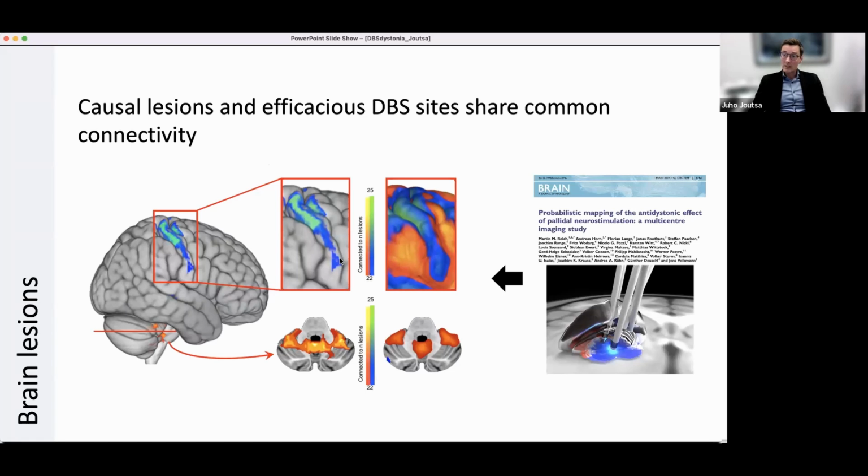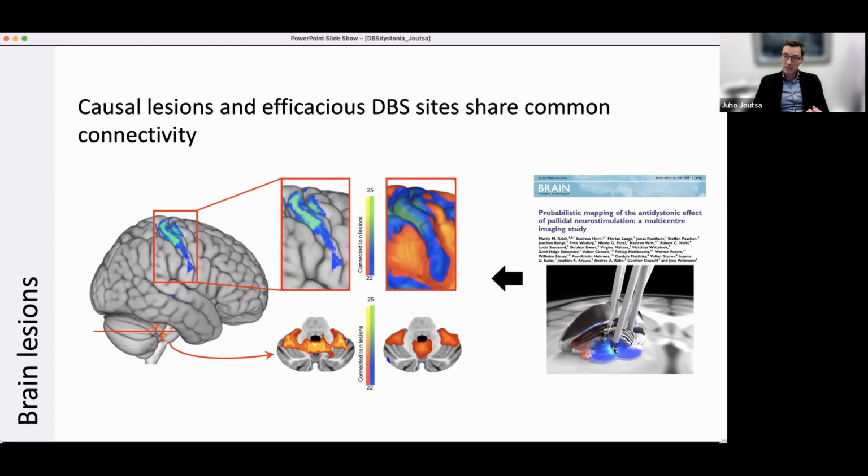And finally, to look at whether these networks might have relevance for treatment, the lesion network hubs were compared to efficacious deep brain stimulation in cervical dystonia. This work leveraged a fantastic study by Martin Reich and Jens Volkmann, where they defined the optimal locations of DBS electrodes that were associated with the best therapeutic outcomes.